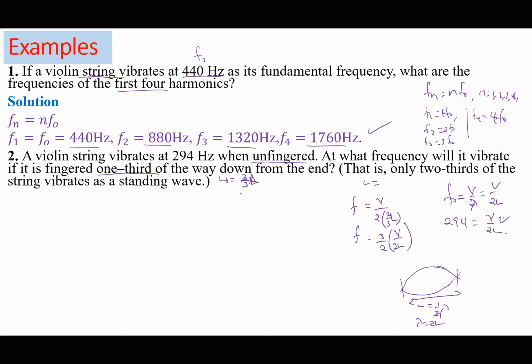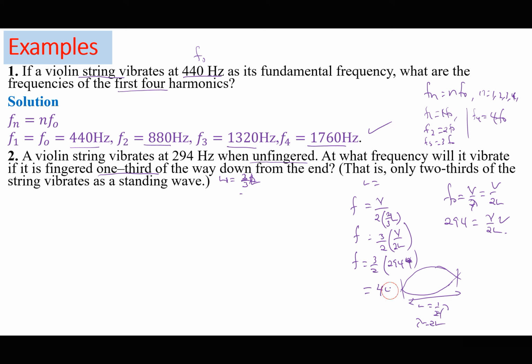And of course, V over 2L is 294. So F is going to be 3 over 2 into 294, and this gives us the frequency we are talking about here. So 3 divided by 2 times 294.